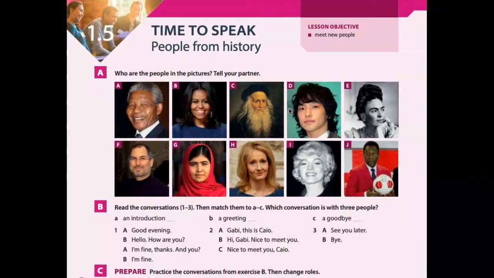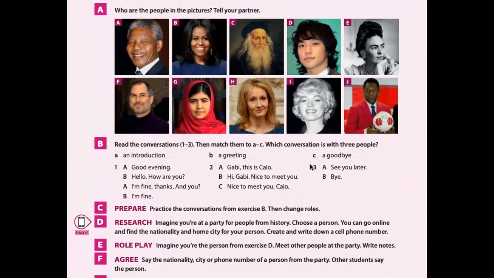Then let me show you an excellent feature from this book. At the end of every unit, they have what is called time to speak. Why? Because this is the most difficult skill that students perform. And look at the way that this is organized.